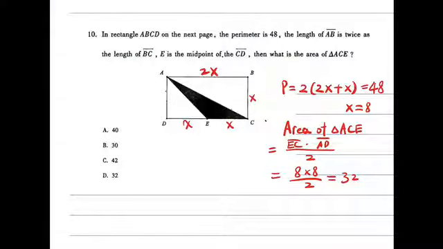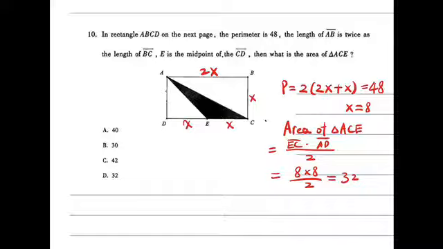In question 10, we can use the same method we used in question 9. As we know the perimeter is 48, we can solve the two sides of the rectangle, which are BC equals 8 and AB equals 16. And E is a midpoint, so EC equals half of 16 equals 8.